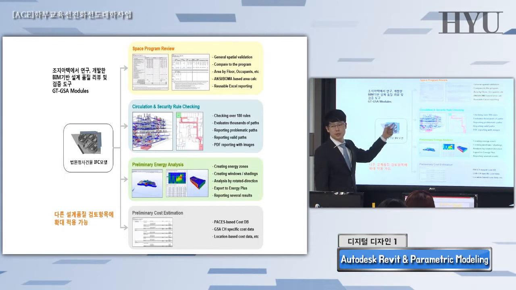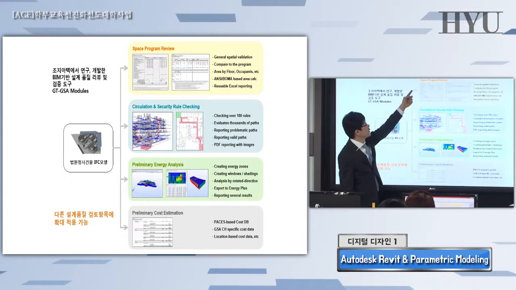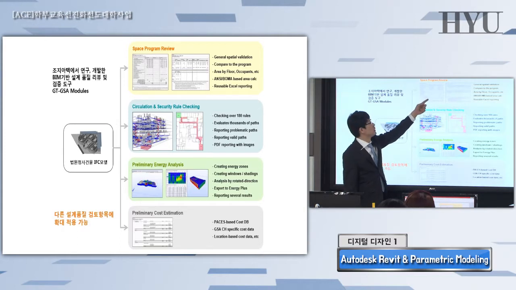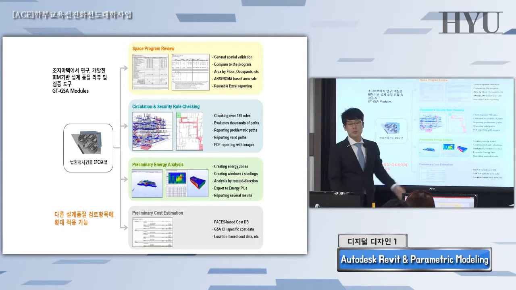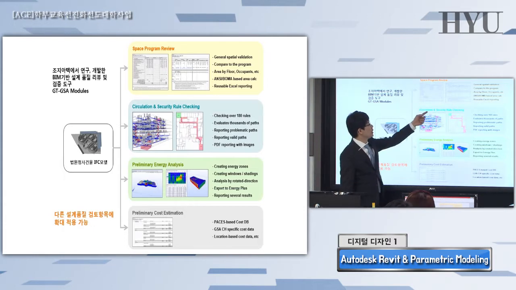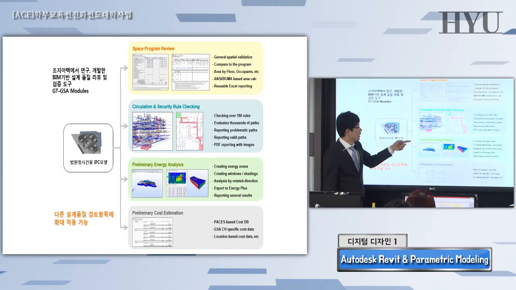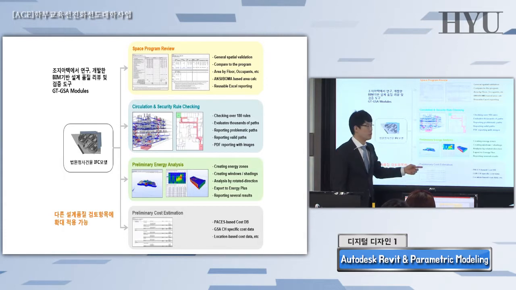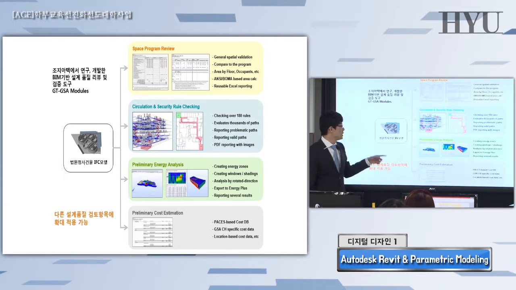How to validate this design? In terms of space program review, space program means area, space allocation, number of spaces, and so on. And circulation security checking, preliminary energy analysis, and cost estimation, even in early phase of design.